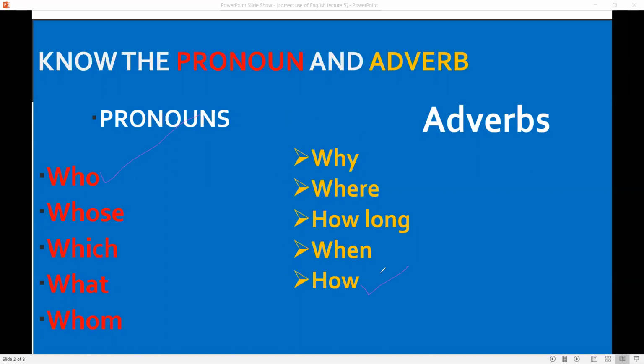These words add to the meaning of verb or adjective or another adverb. This is the difference. If we use them as such, by knowing which one is pronoun and which one is adverb, we may write good language and accurate language. We may speak accurately.